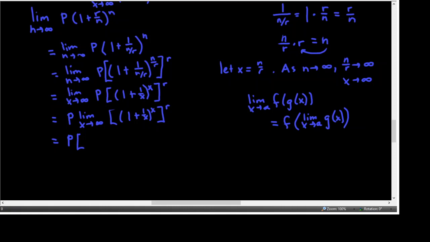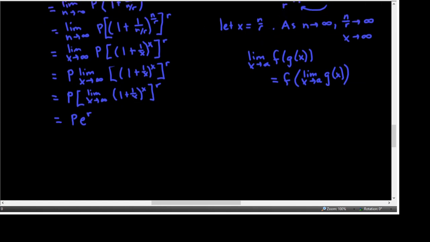So I'm going to take that limit inside, to take the limit of the power 1 plus 1 over x to the x. And then there's the outside function to the r. And that inside thing, if you may recall, is one of the definitions of e. So that whole inside thing becomes e, which is raised to the r.